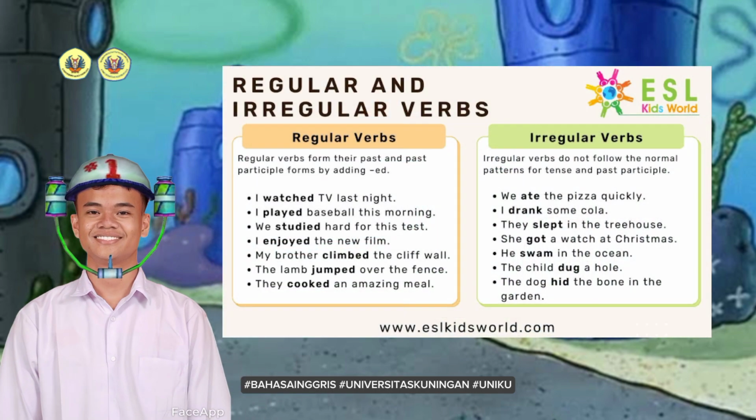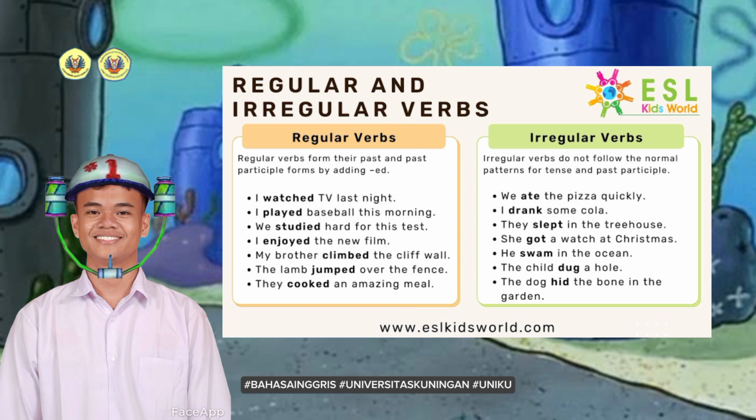Regular verbs are those verbs that follow a predictable pattern when forming their past tense and past participle. They typically add -ed to the base form to create these forms. For example, walk becomes walked in the past tense.